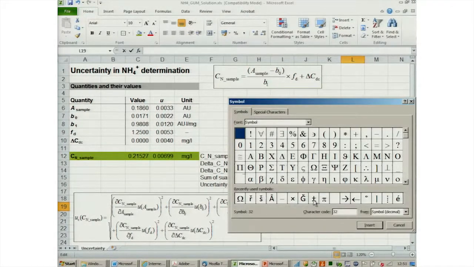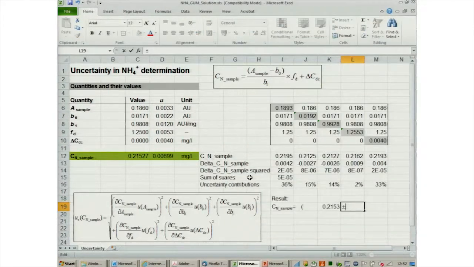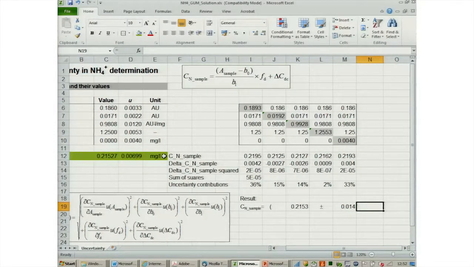Here we insert the plus minus symbol. And here we take the standard uncertainty multiplied by 2, which is the coverage factor. And of course, here we will need also the units, which in our case are milligrams per liter.